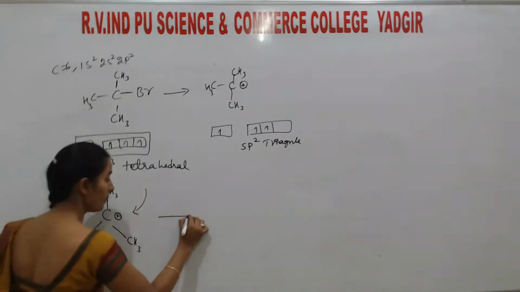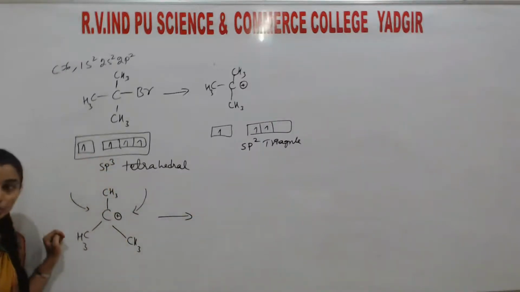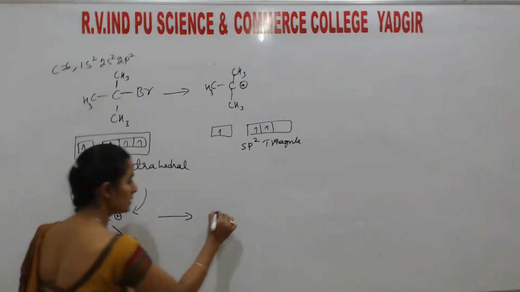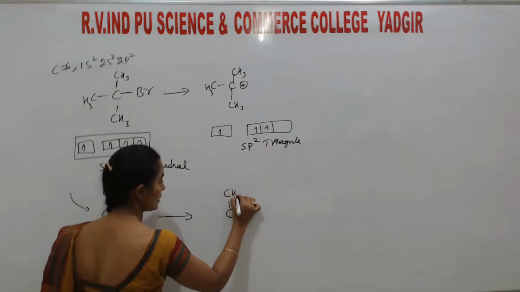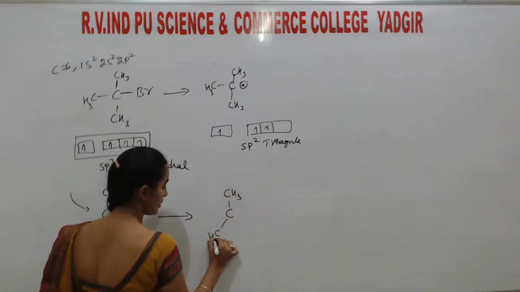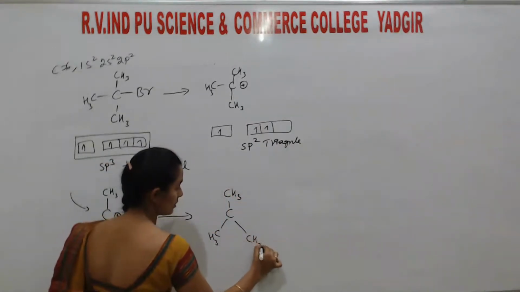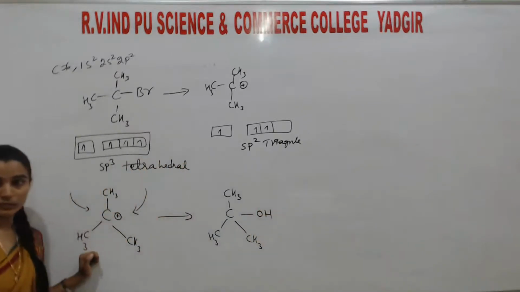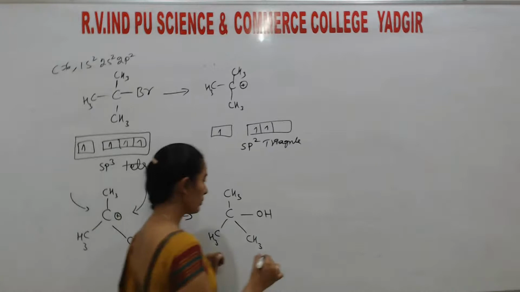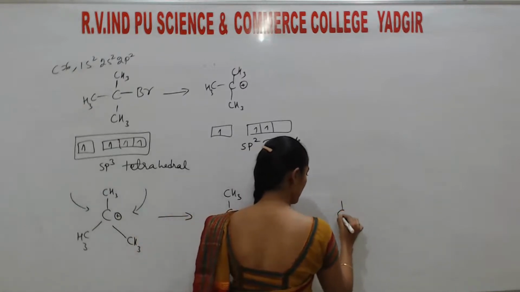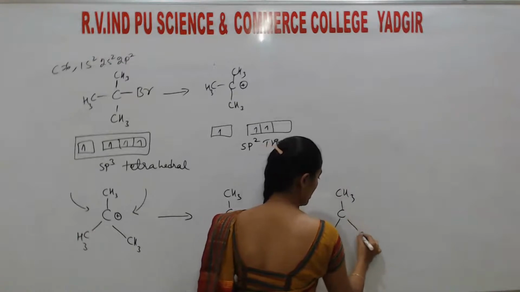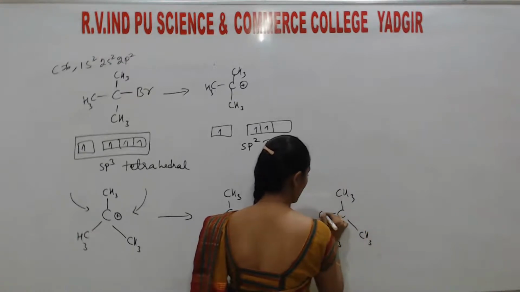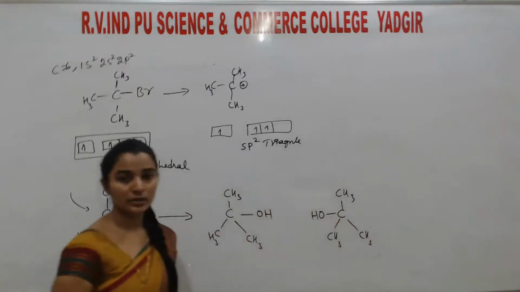So there is a possibility of formation of two products: one with CH3, CH3, CH3 and OH here, and another with CH3, CH3, CH3 and OH on the other side.